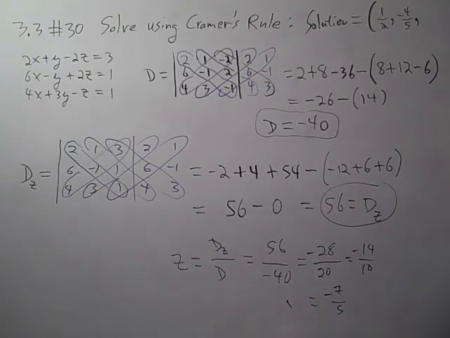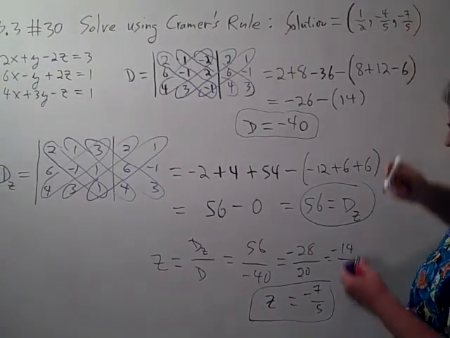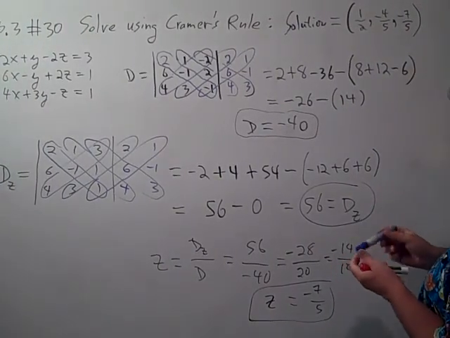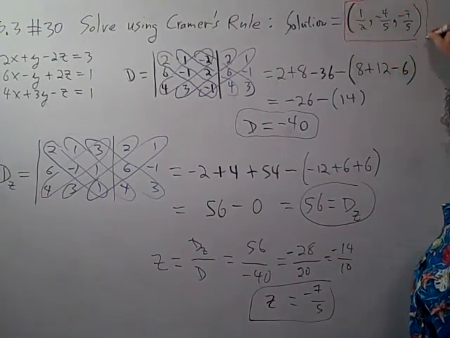So the z-coordinate of our point of intersection of these three planes is negative 7/5. And we can add that final coordinate to our point of intersection of these three planes, the solution to this linear system.